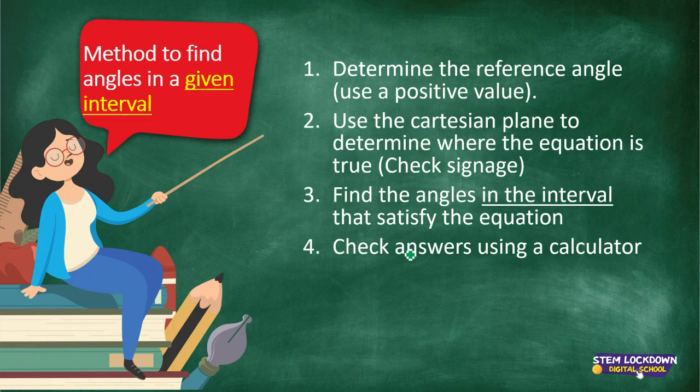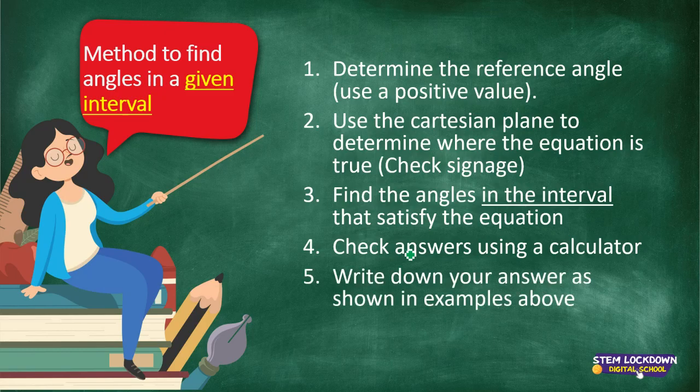Check 2 or 3 of the numbers, and if you keep getting the same result, you know that you've answered correctly. Then you write down your answer as shown in the example. You will say that your angle is equal to 98.53, minus 278.53, 81.47. You will write it down number by number.